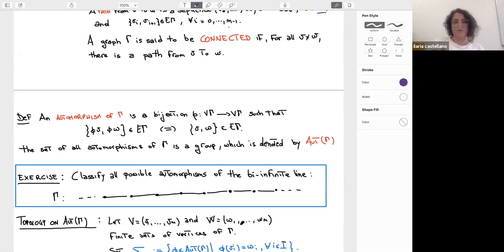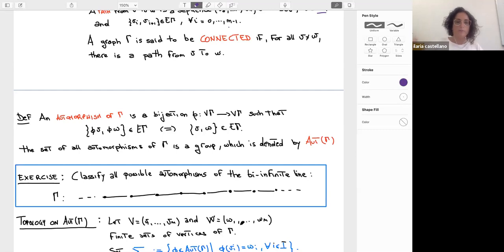So phi(V), phi(W) form an edge if and only if V and W were already an edge in gamma. So you don't move vertices around, breaking the structure of the graph that you had since the beginning.